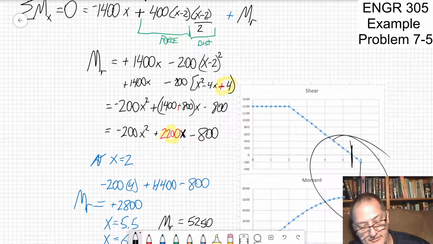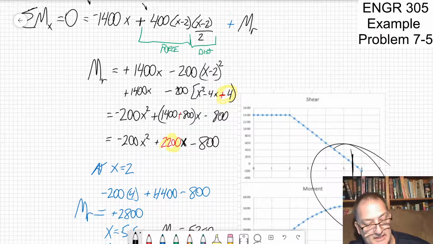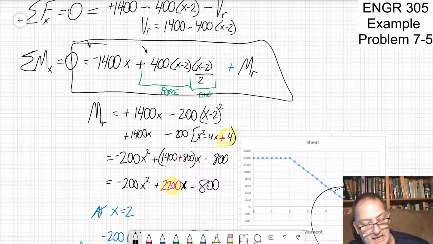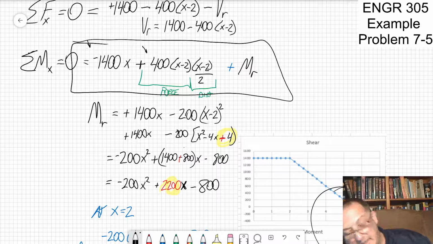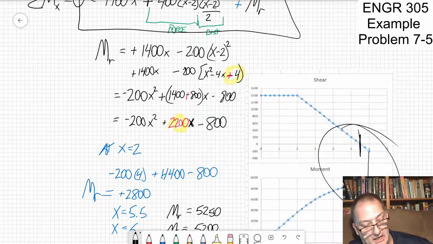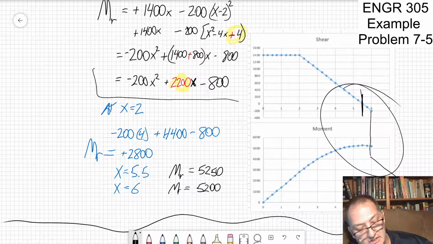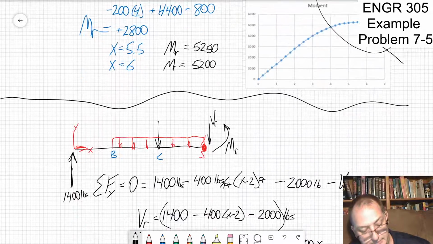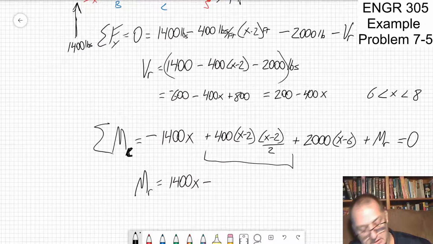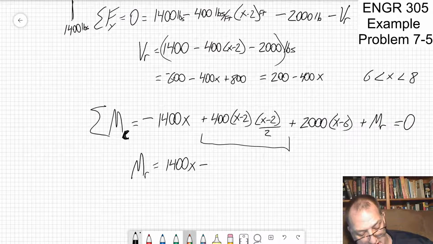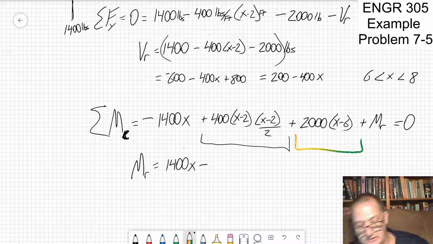Well, that's because I simplified it. This is exactly the same. This equation is the same. And then I put that one extra term on for the point load at C. So I can start by saying, look, I've got this as my starting point. And then I just have to add to it rainbow sprinkles.